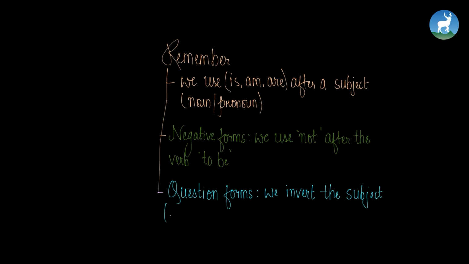The subject could be a subject pronoun or countable or uncountable nouns. We invert the subject and the verb to be. So this is how we use is, am and are to express positive sentences, negative forms and question forms for the state of being. Let's try doing some exercises together.